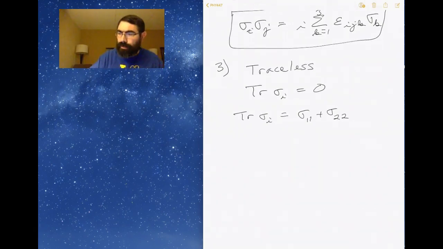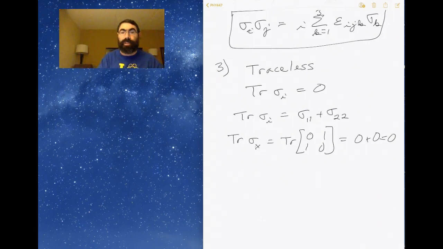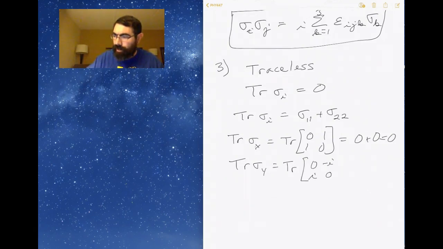So if we look at it, the trace of sigma x is the trace of 0, 1, 1, 0, which is just 0 plus 0 is 0. The trace of sigma y is 0, minus i, i, 0. Again, it's 0 plus 0 is equal to 0.